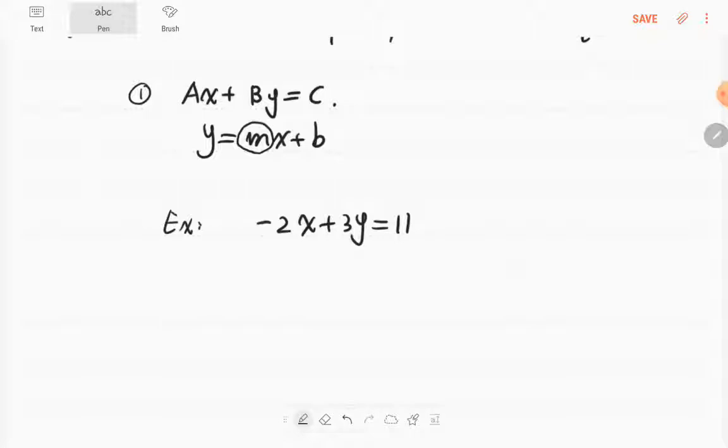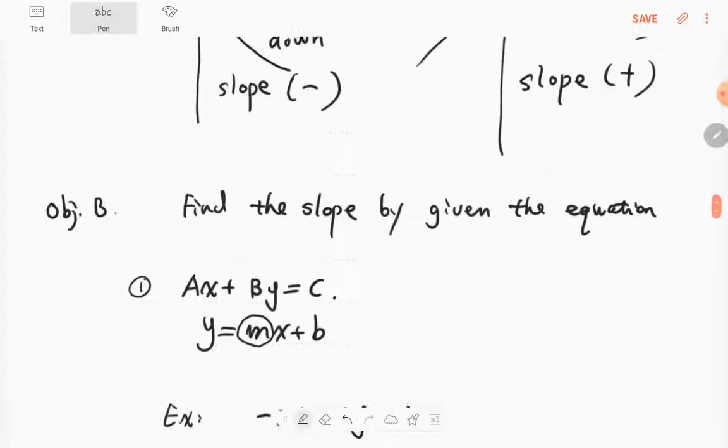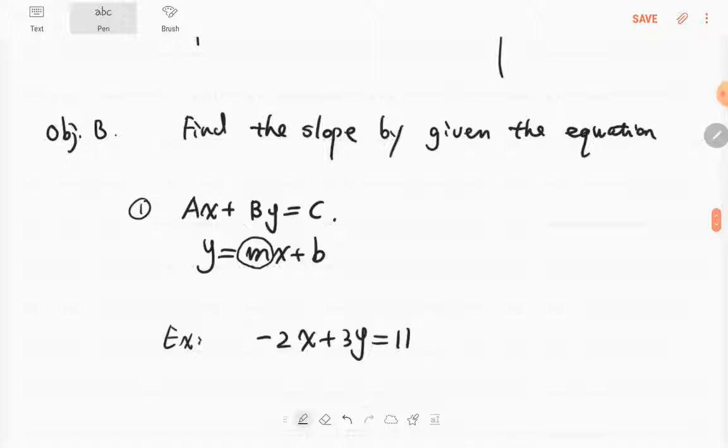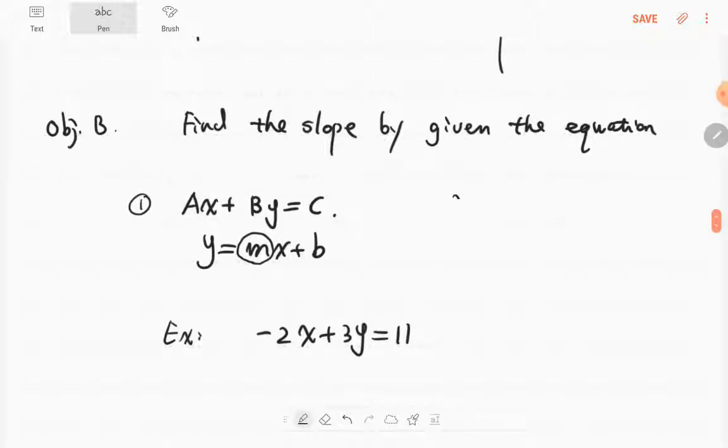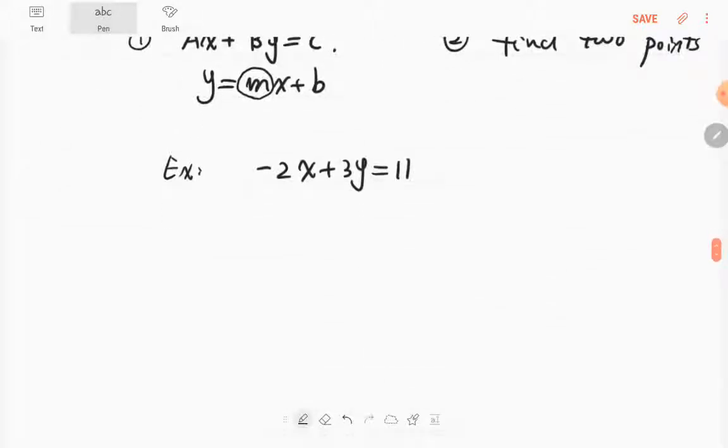We have 2 ways to solve this, right? The first way, we change this form. The other way, you can find the 2 points. We have 2 different ways to help us find the slope.